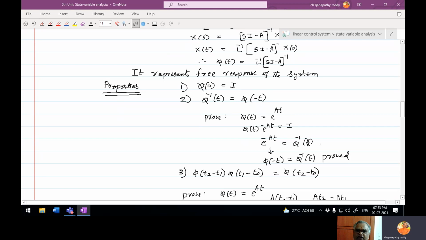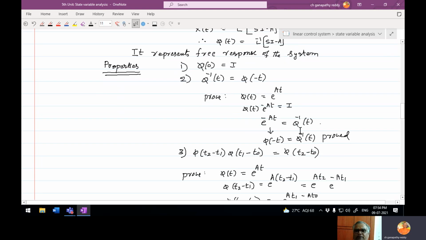But e power minus At is phi of minus t, which is equal to phi inverse of t. That is proved. So this is the second property.